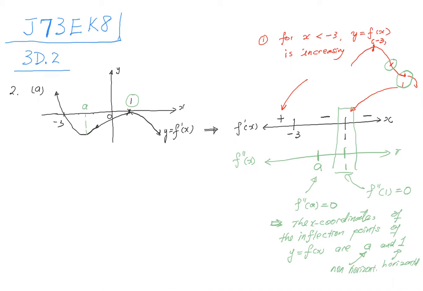Okay, now we put down the sign. If the f prime x graph is going down, f double prime will be negative. Going up, positive. Going down, negative.